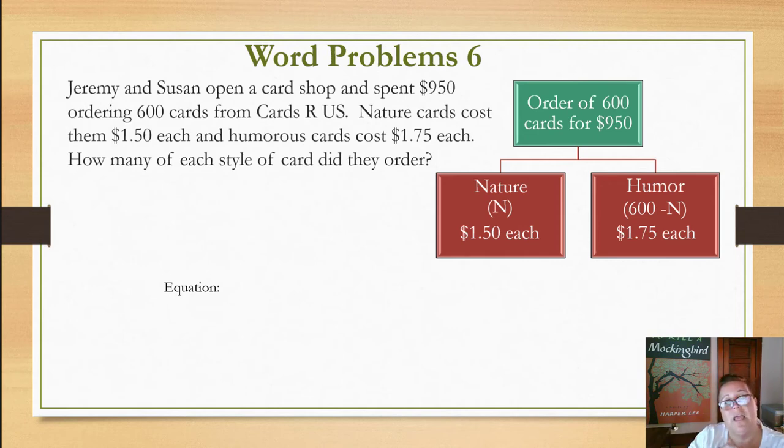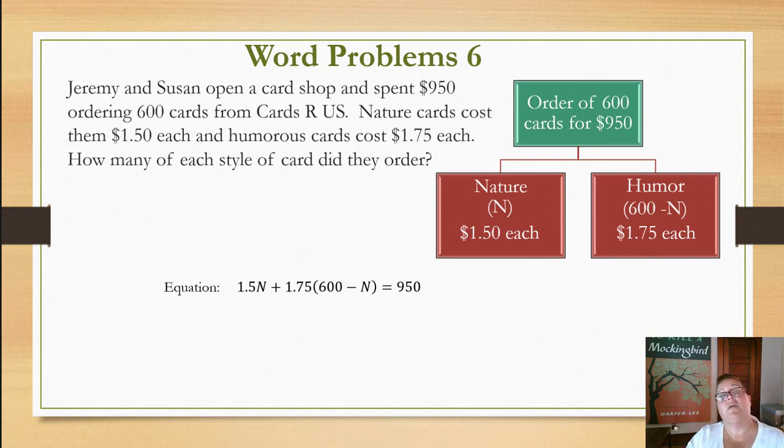Putting those 2 amounts together, I will get the total spent, or $950. So this is the money equation. $1.50 times N plus 1.75 times 600 minus N is equal to $950.